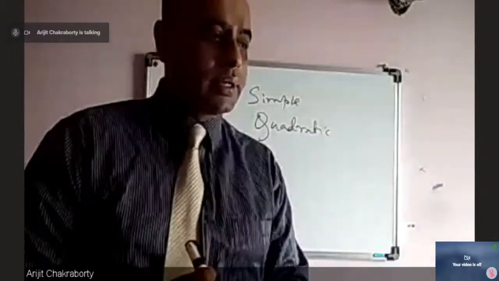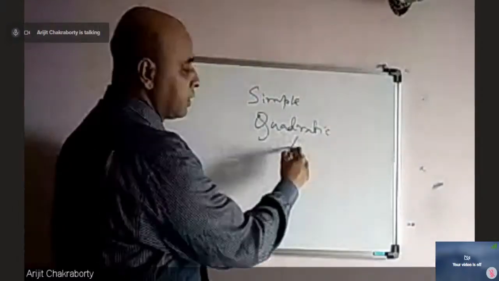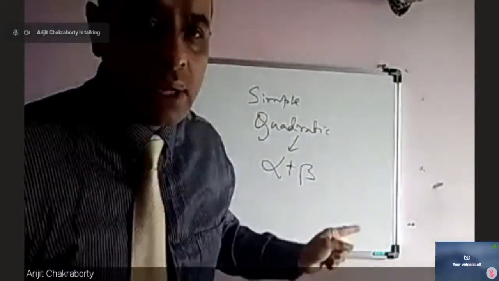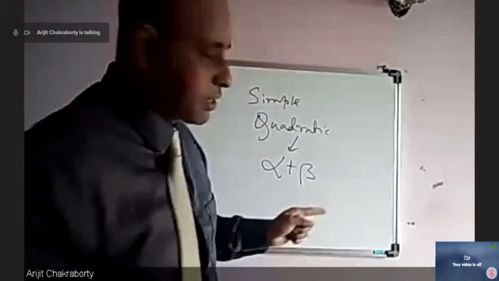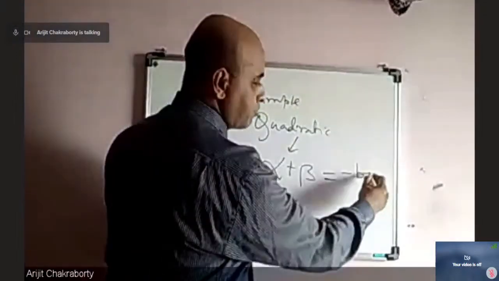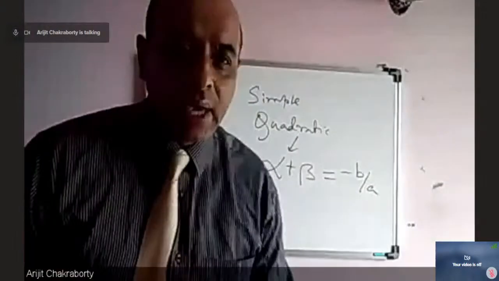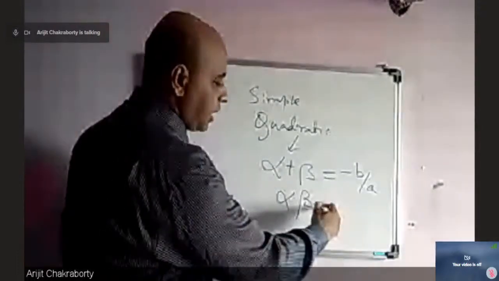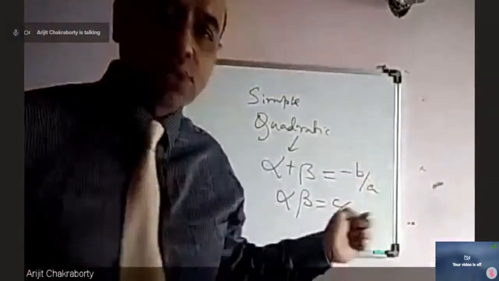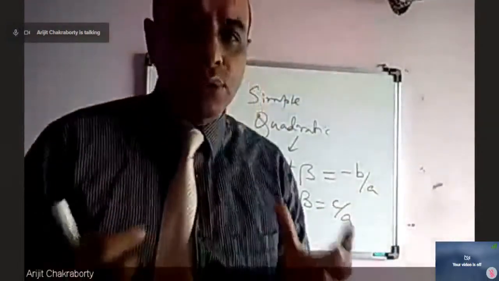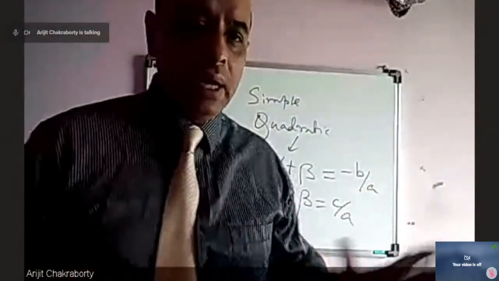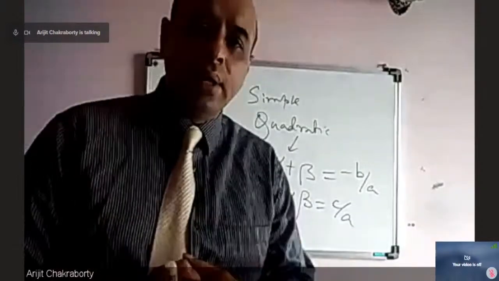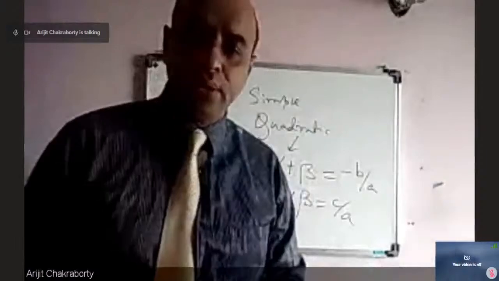I discussed alpha plus beta, the sum of the roots of a quadratic equation, which is equal to minus b by a, and the product of the roots, alpha beta, equal to c by a. We will revise this once again because many of the students said they require some more training so that they can understand this.